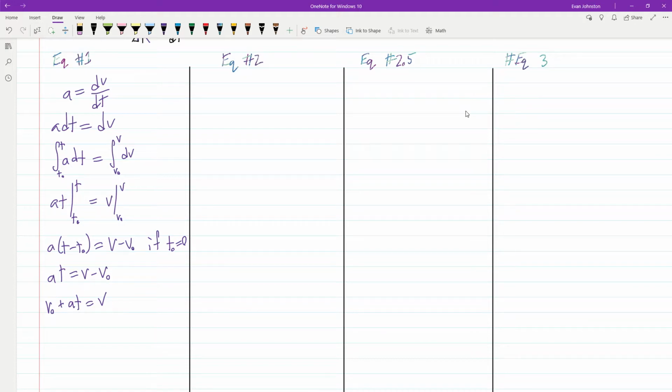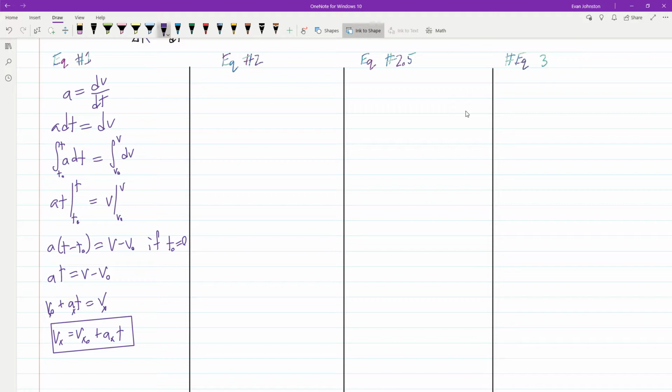If we really want to do a little rearrange here, we call this all in the x direction, and then we just flip the sides. Vx is equal to Vx naught plus Axt. There we go. First equation we've derived just from the fact that acceleration is dv/dt.